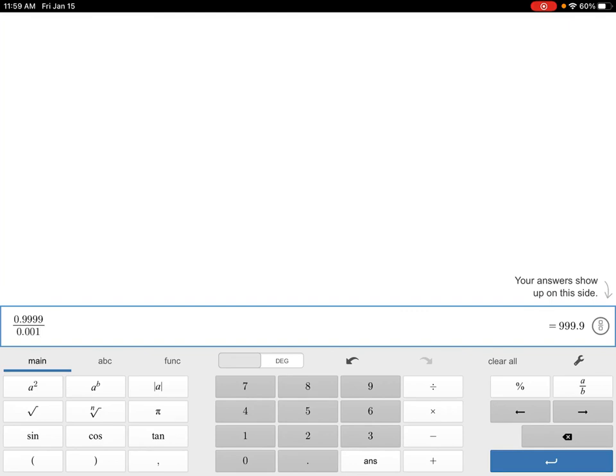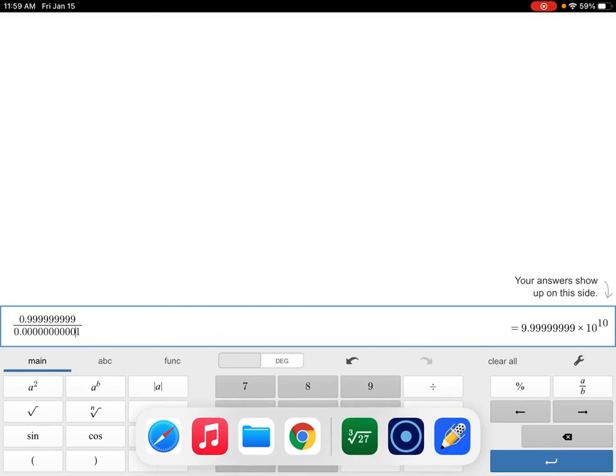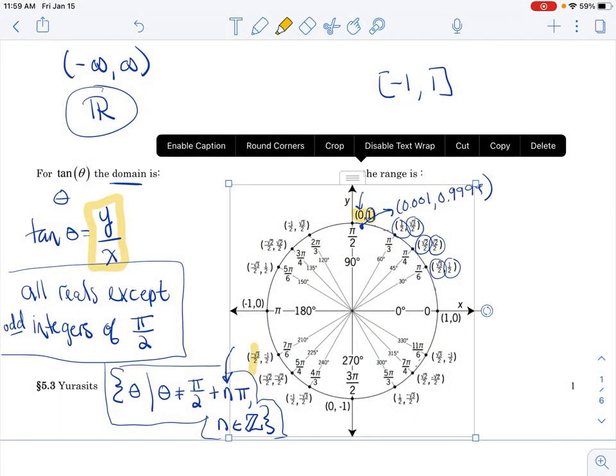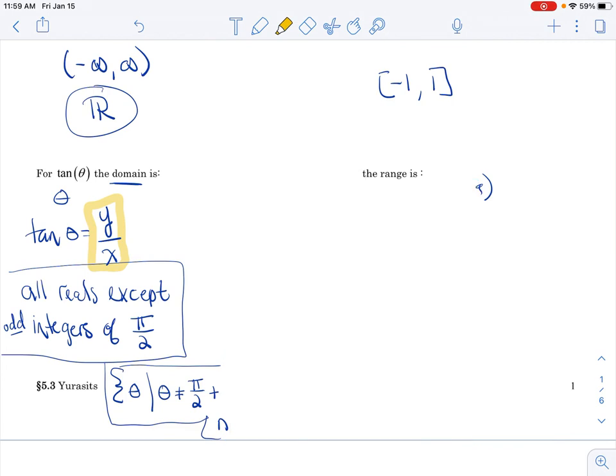See how you're getting out a large number? It's almost like 1,000. Well, if I keep getting closer and closer, that number gets larger and larger and larger. So what that's telling you is, and again, this might get better when we start graphing and I give you that visual, that your range is in fact all real.